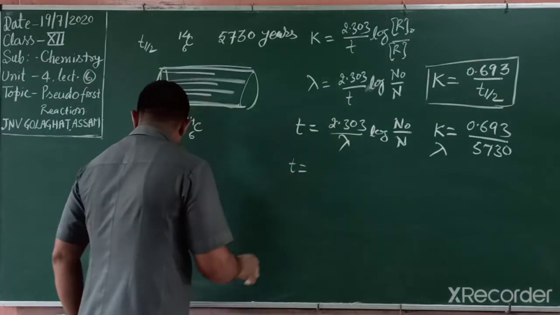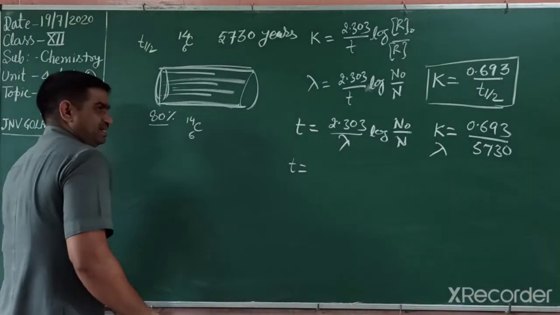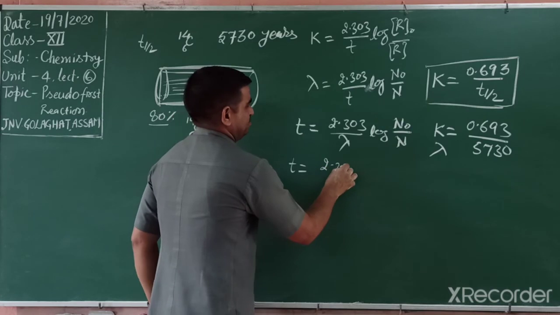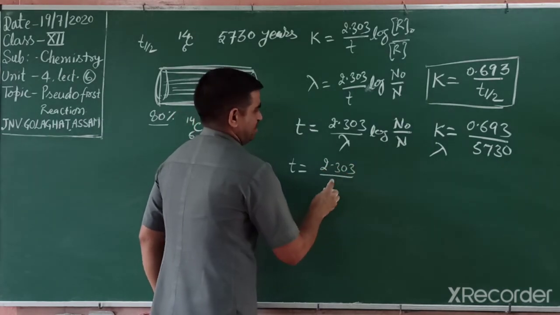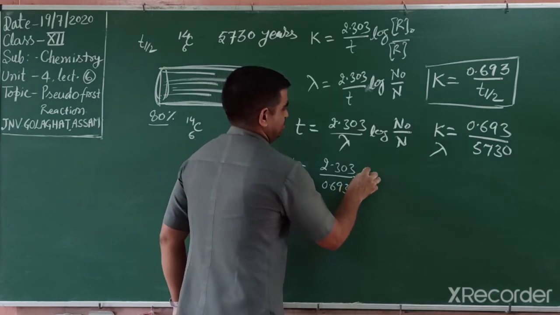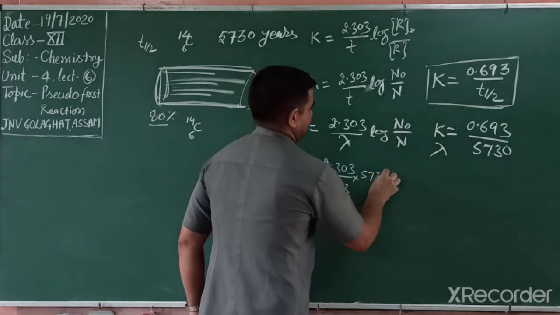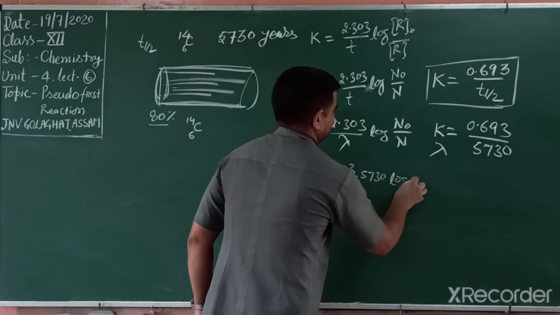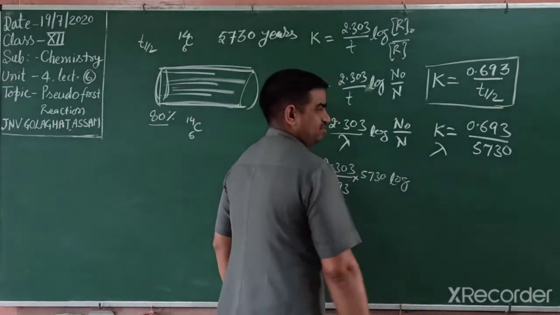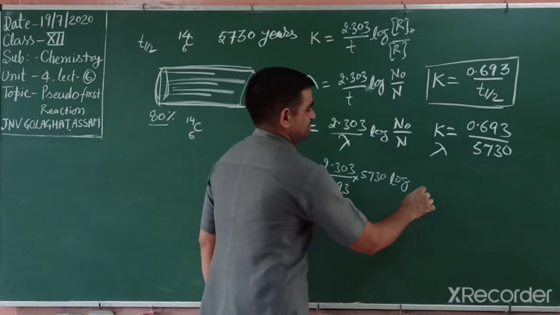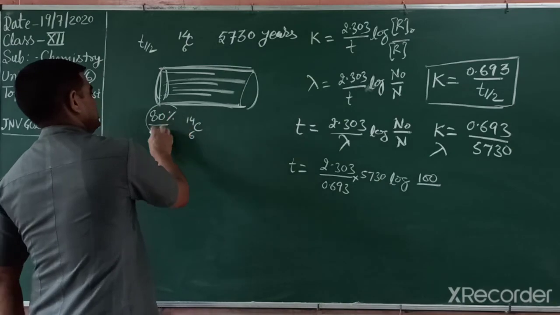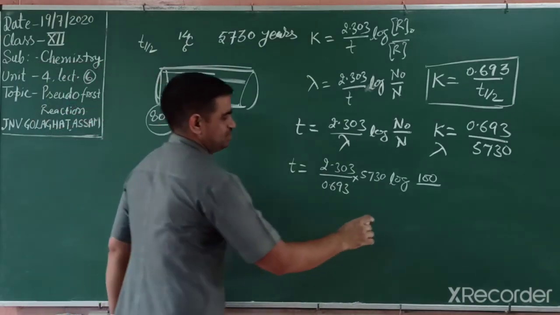t is equal to time. What is the estimated age? t equals 2.303 divided by 0.693 into 5730 times log N naught by N. N naught, the initial concentration, we take as 100, and the final concentration, because 80% is found, is only 80.